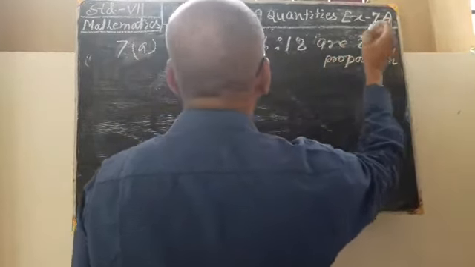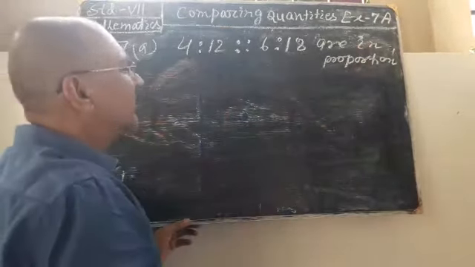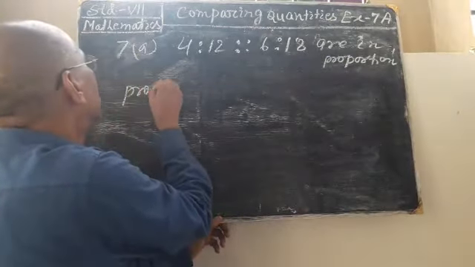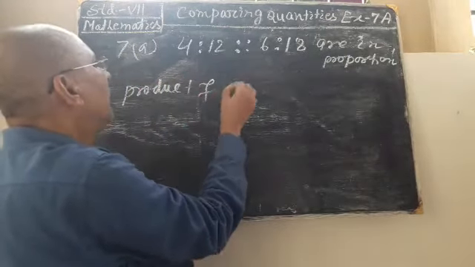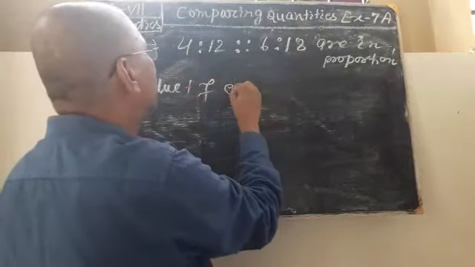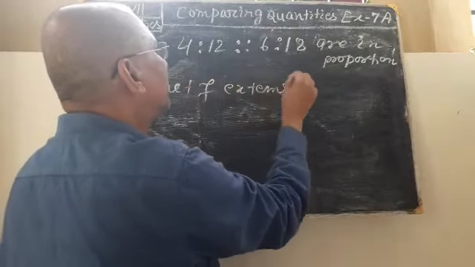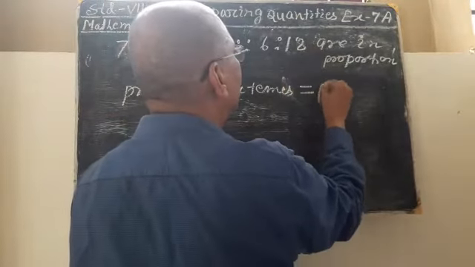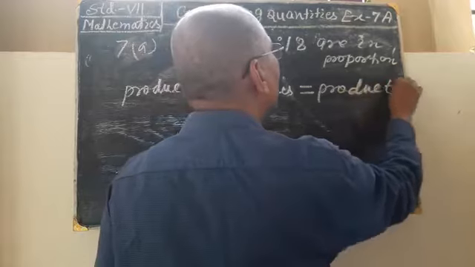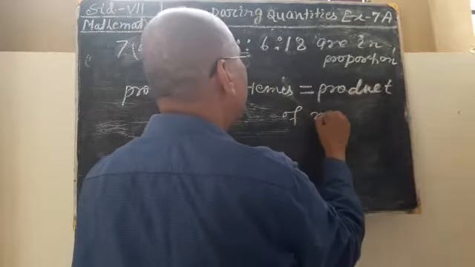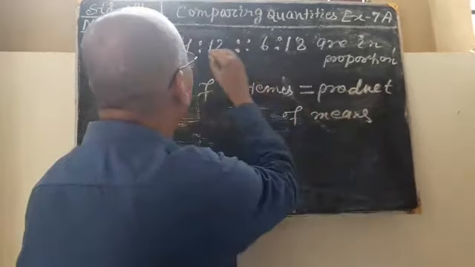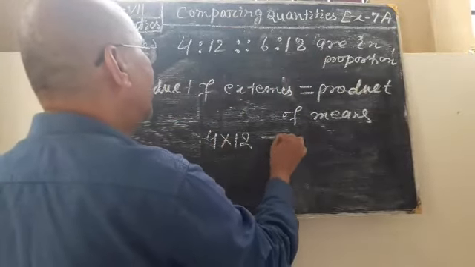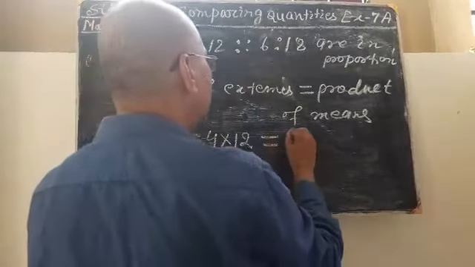We know that the given terms are in proportion if the product of extremes is equal to the product of means. Here 4 and 18 are extremes and 12 and 6 are the means.